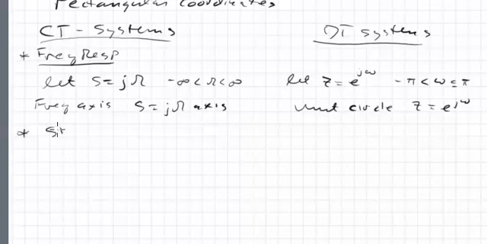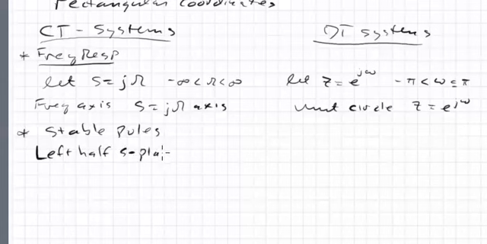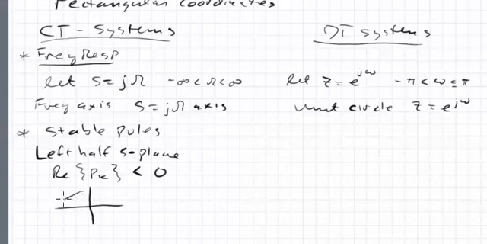What about stable poles? Stable poles for continuous time is the left half plane. Remember that? And that just means that the real part of any pole, of the kth pole, for example, has to be less than 0. That's the left half plane for stability.